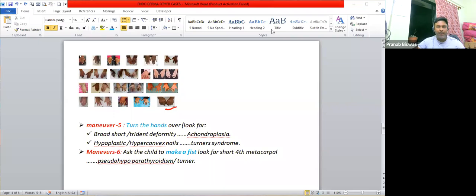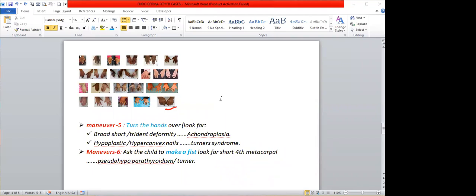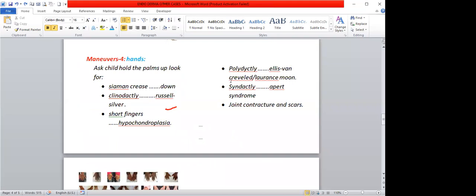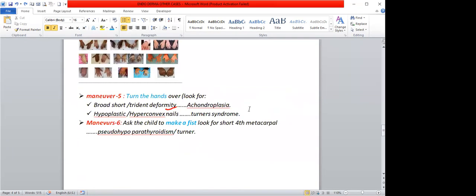Now we can find easily: if there is polydactyly, sometimes short fingers, hypochondroplasia mostly; polydactyly sometimes Ellis-van Creveld or Laurence-Moon; syndactyly we all know; and curvature we discussed. Now we need to examine the hand carefully.